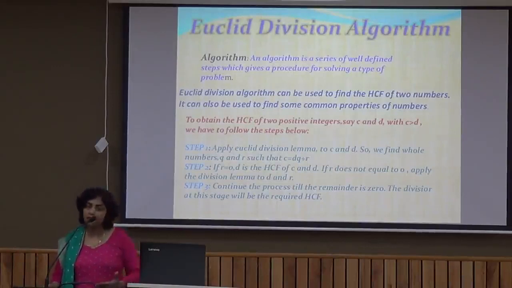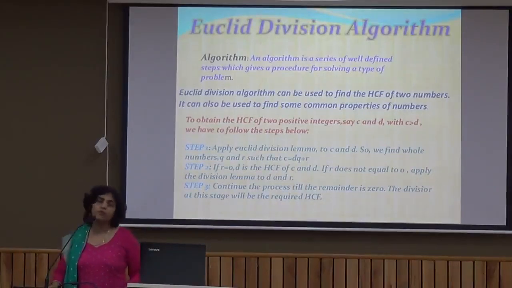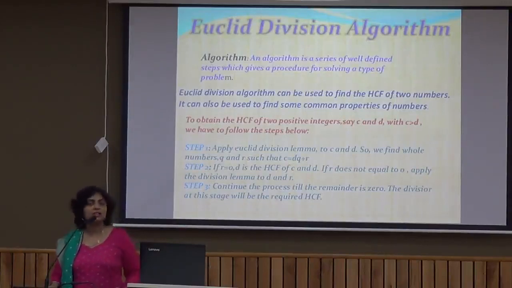We keep on continuing this process of division through the lemma, and at whatever step we get remainder as 0, the divisor at that step is our required HCF.